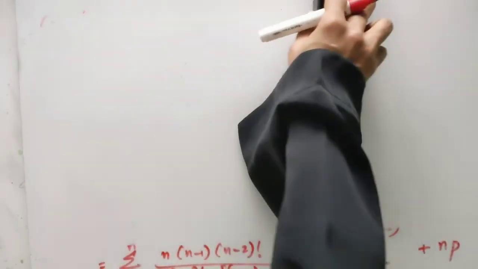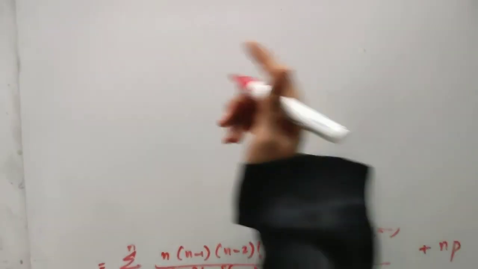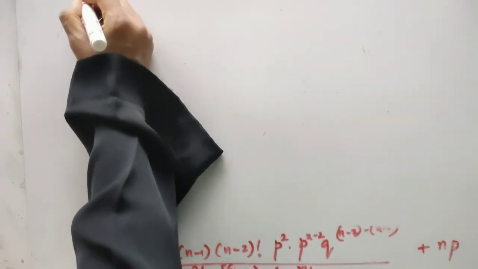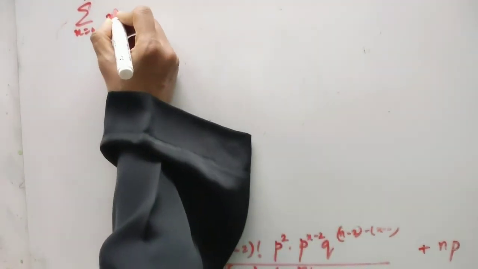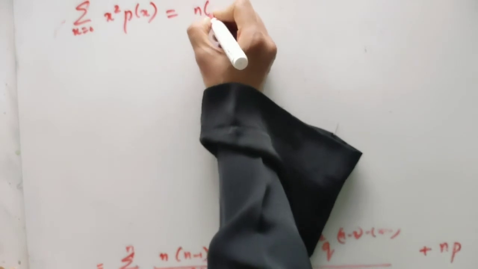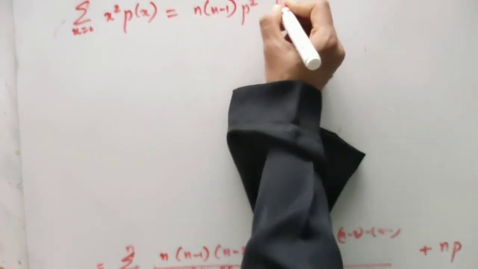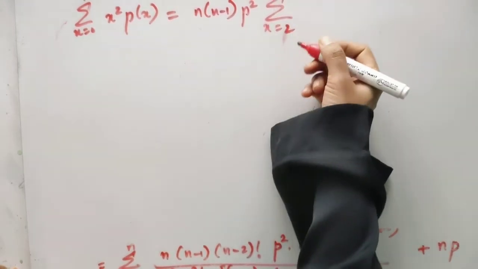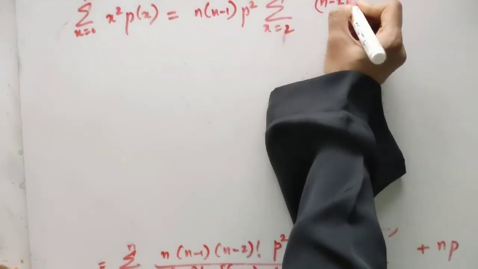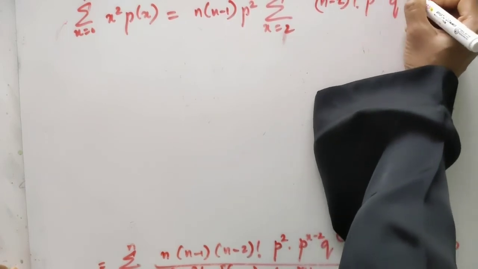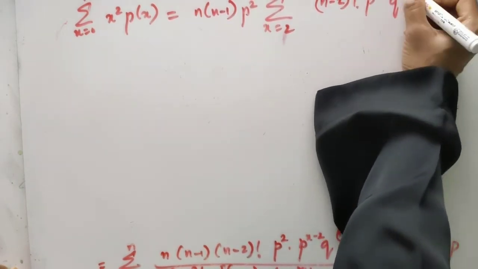So far we were doing for summation x going from 0 to n, x square into p of x, and we had got it to be n into n minus 1. I had asked you to take it outside, remaining everything you keep it inside. X going from 2 to n it will be, so n minus 2 factorial you have in the numerator, p raised to x minus 2, q raised to n minus 2 minus x minus 2 you have.